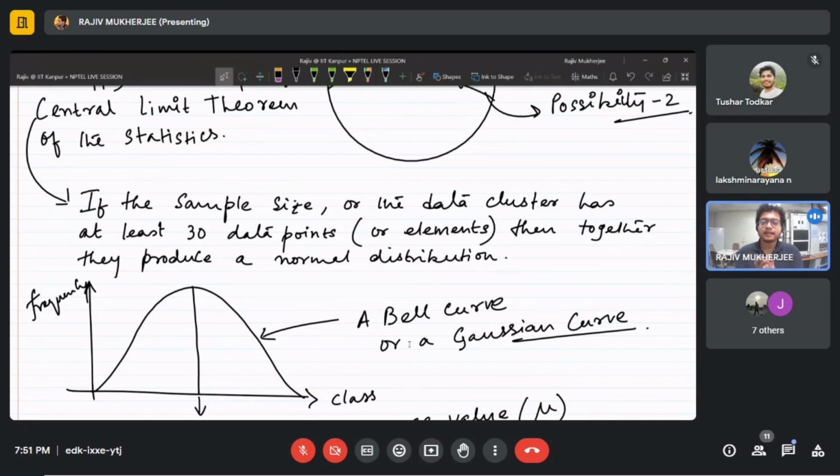It is a standard that if we collect at least 30 data points, then it is possible to reduce the error within limits, right? And therefore we can use that data because it is statistically significant. Otherwise, if you have two data points, it is statistically not significant.